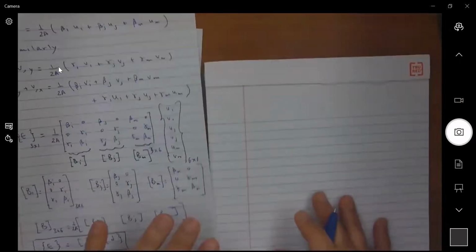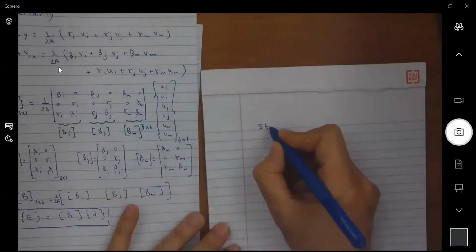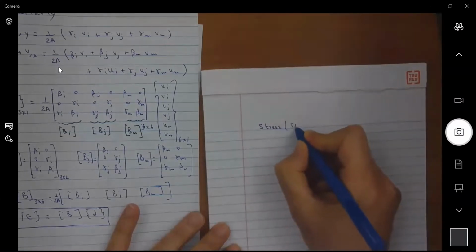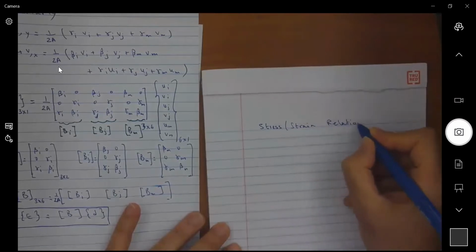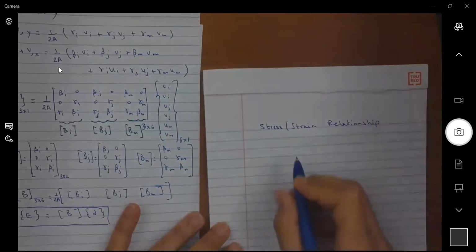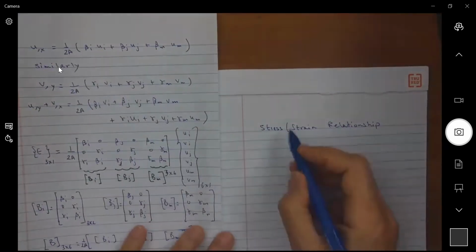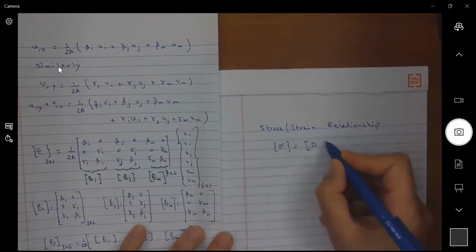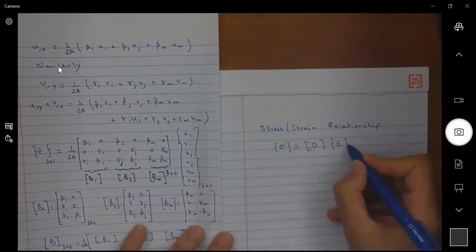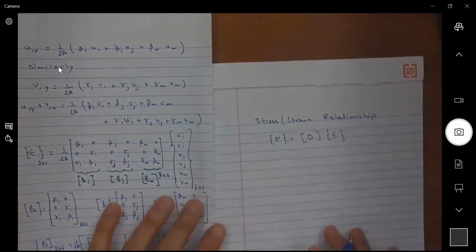Now we have the stress strain relationship expressed as sigma equal to D multiplied by epsilon. And remember that D was different for plane stress than for plane strain, right?